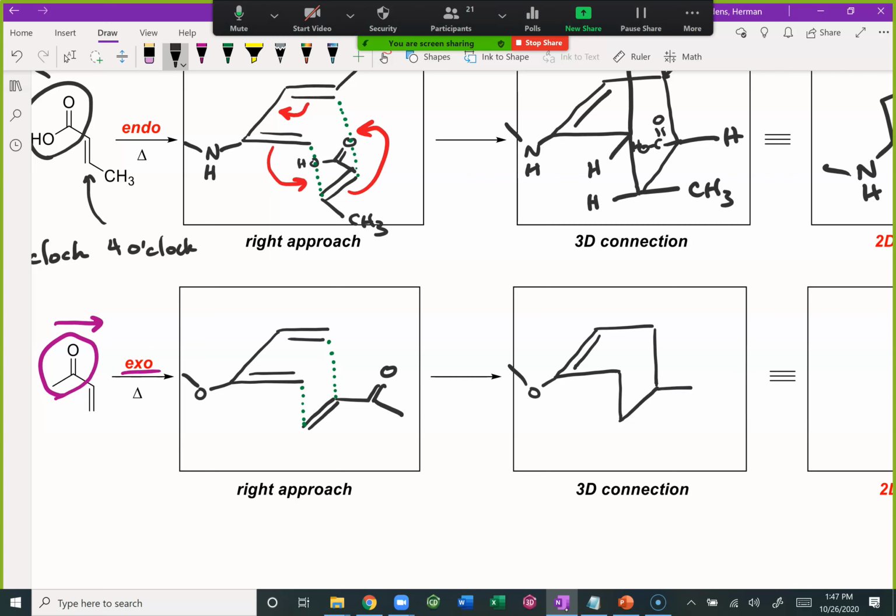And notice that this ketone group is to the right. There's an H inside, and this guy has an H here and another H here. There is an H that is from the double bonds right here and the two that were internal. That is my 3D connection.